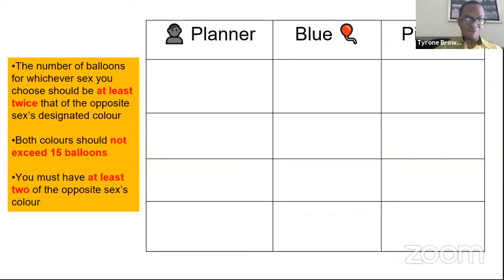And the sum of the number of balloons cannot exceed 15, and then we must have at least 2 of the opposite sex's balloon. So let us see what combination you will have. Type in the chat and we'll take some of your suggestions. How many blue and how many pink would you want to arrange for my party?